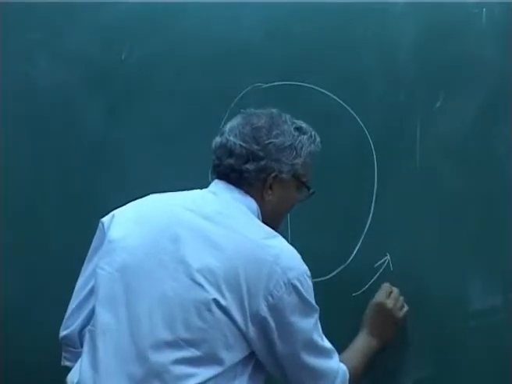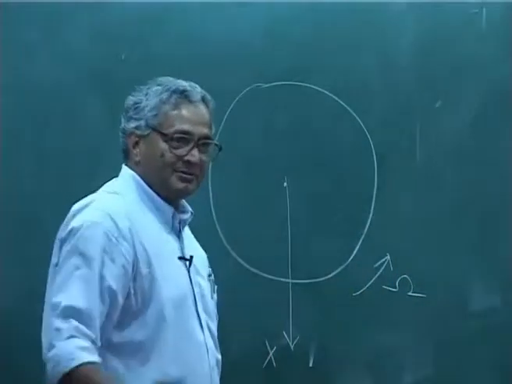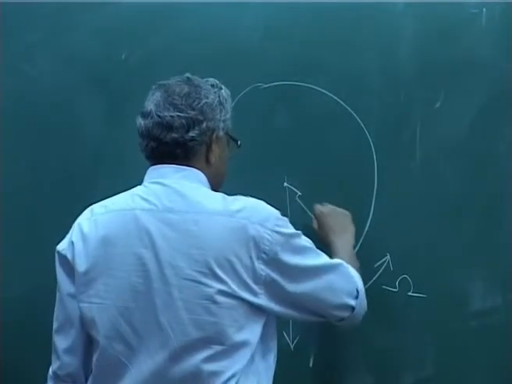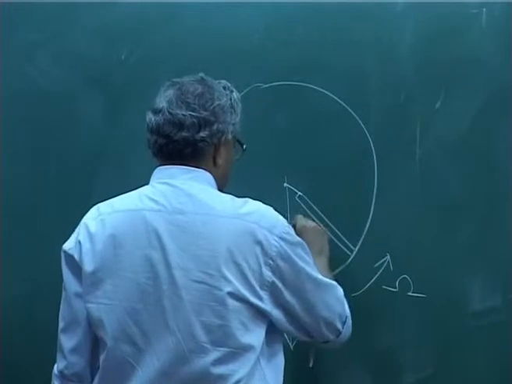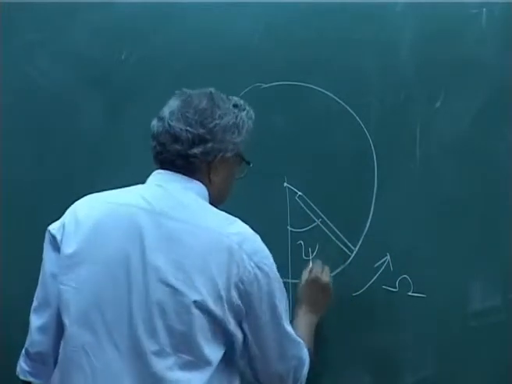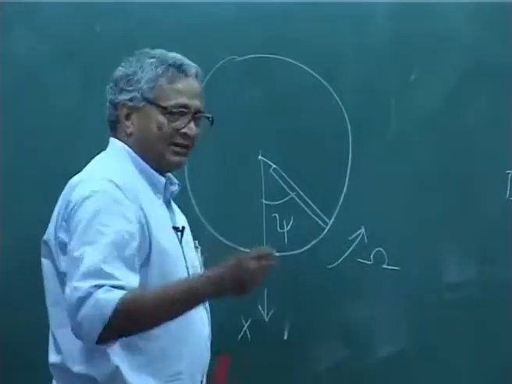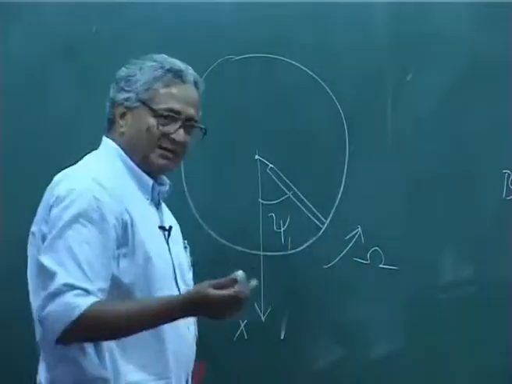This is my rotor omega, and the rotor blade can be in this position, called psi. If it is the first blade, this is psi 1.